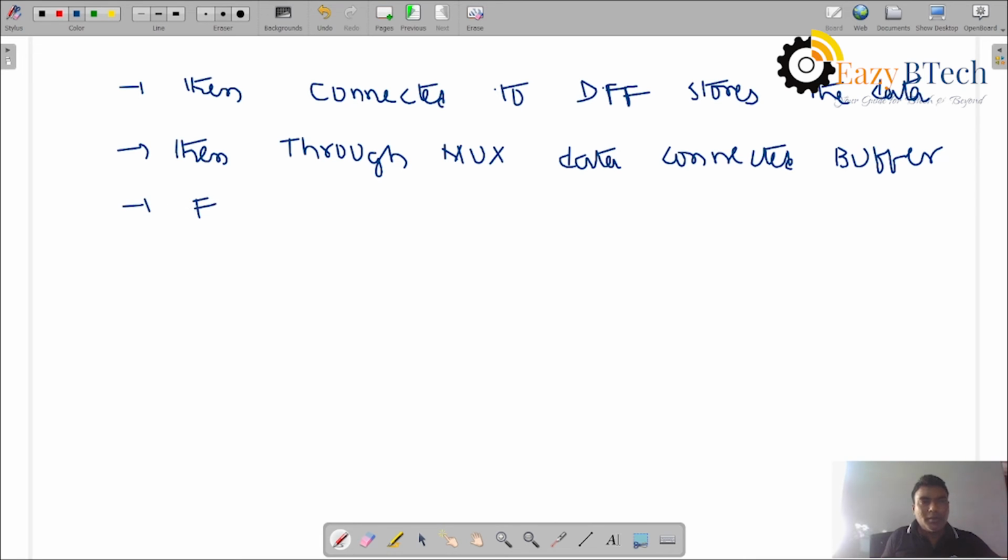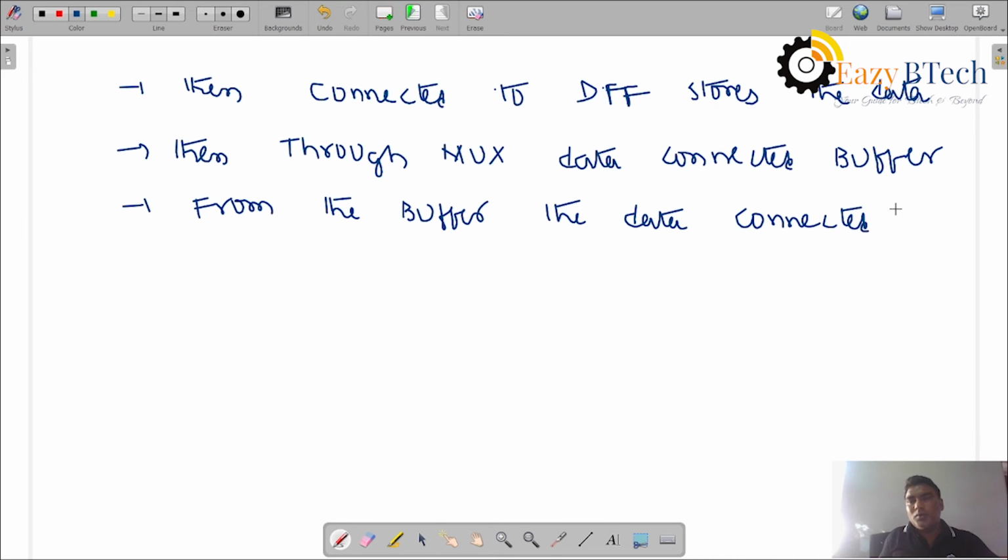From the buffer, the data can be used as an input or an output. So this is the process that happens in this PAL structure.